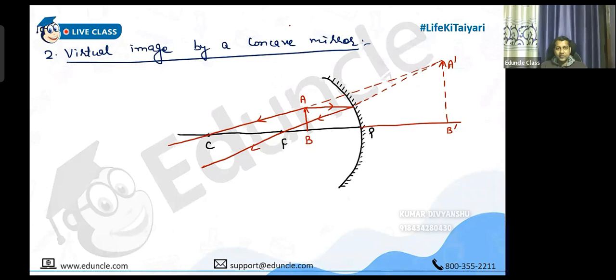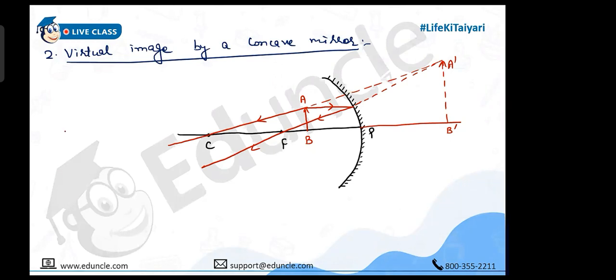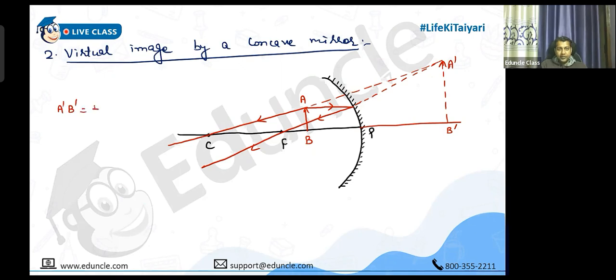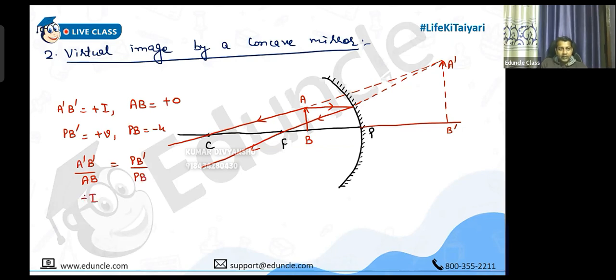Now, what about the magnification? Let me first write A dash B dash is plus I, AB is plus O, PB dash is plus V, PB is minus U. So A dash B dash by AB is PB dash by PB. But don't get it wrong that it is coming out to be negative.